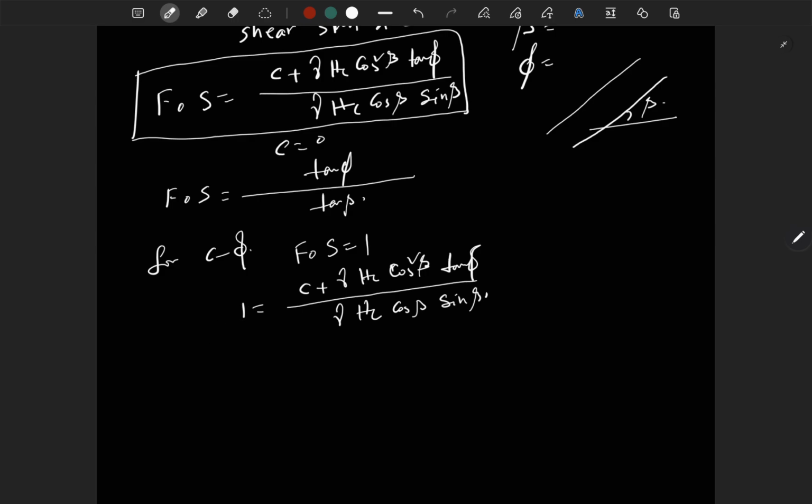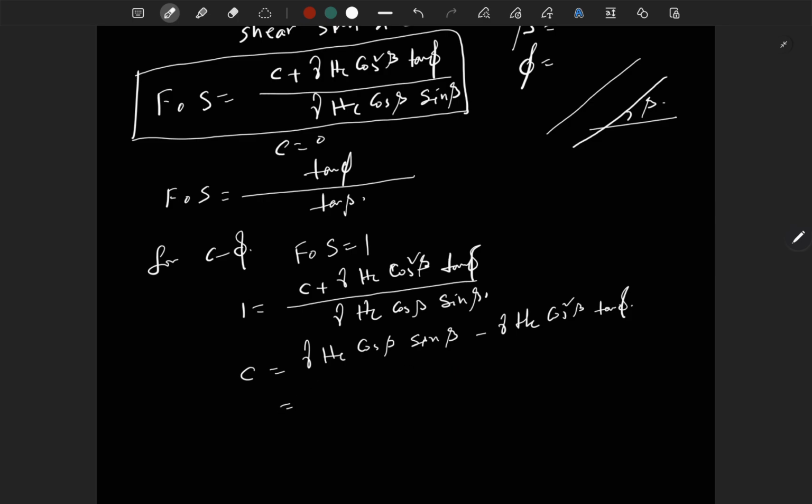Then as it is 1, find out the value of C. C will become gamma z cos beta sin beta minus gamma z cos square beta tan phi.